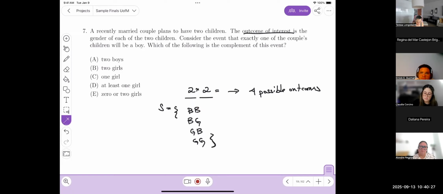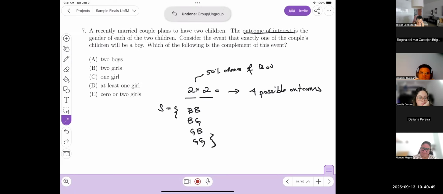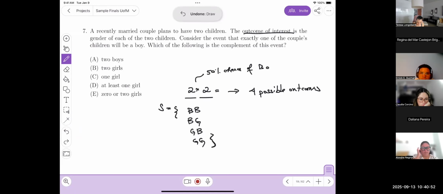So consider the event that exactly one. Oh, before I continue, what are the probabilities of each of these? There's 4 possible outcomes. The probability of being a boy is 50%. Either way. So each of these outcomes is equally likely.